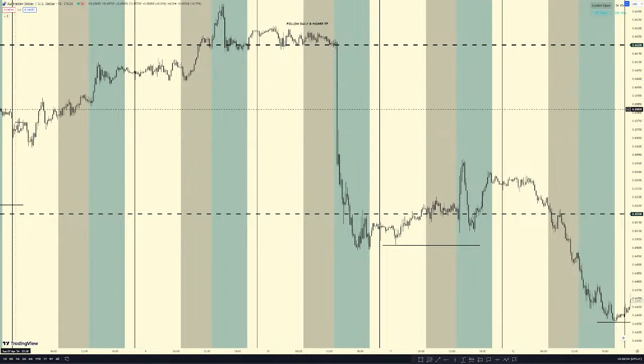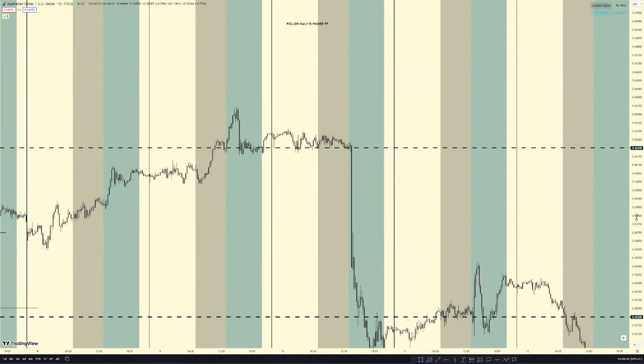A very good example is, look at this Asian open on Monday. You see it was bullish, and then what happened in London? You see London was bullish also. Look at Asian session on Tuesday. Now look at that.